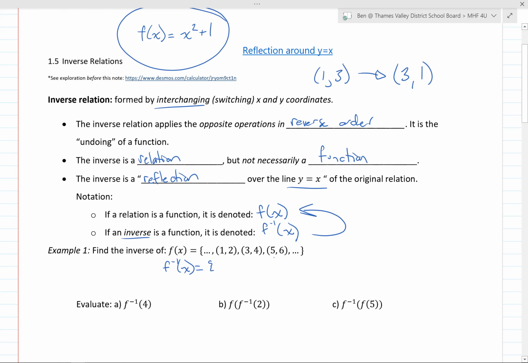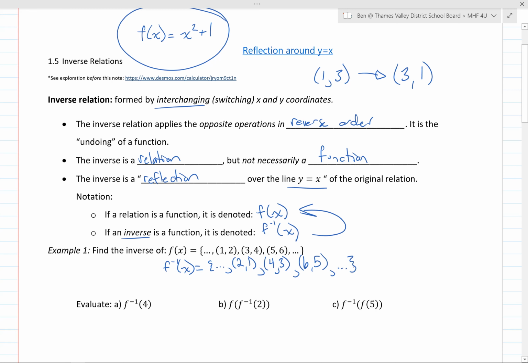Let's open our set with a curly bracket, and then dot, dot, dot. If we have the point (1, 2) on our original function, then on its inverse, we'll have the point (2, 1). If we have the point (3, 4) on the original function, the point (4, 3) will be on its inverse. And if the point (5, 6) is on the original function, then the point (6, 5) will be on the inverse.